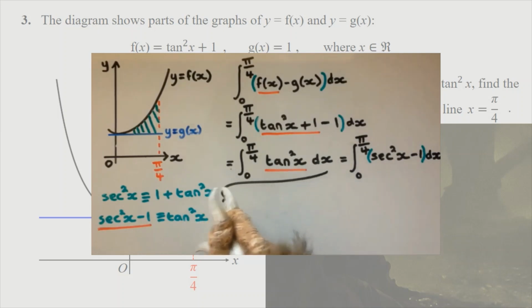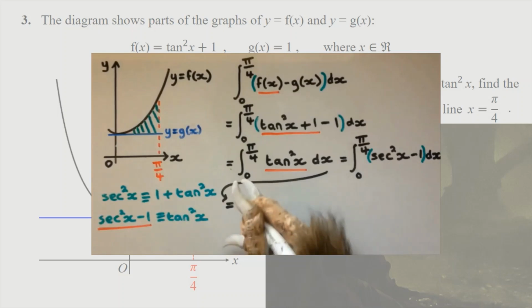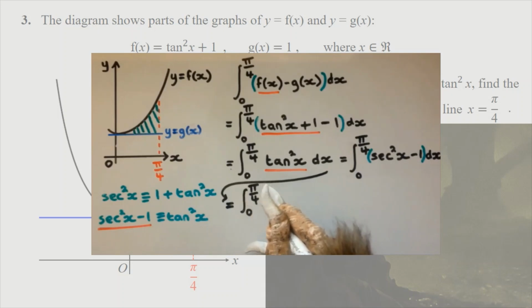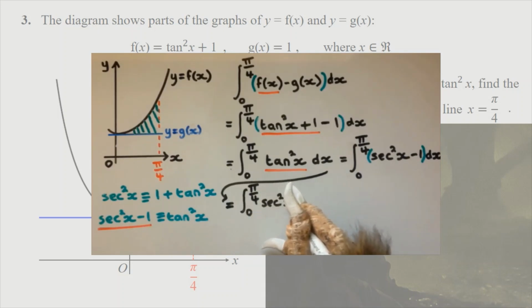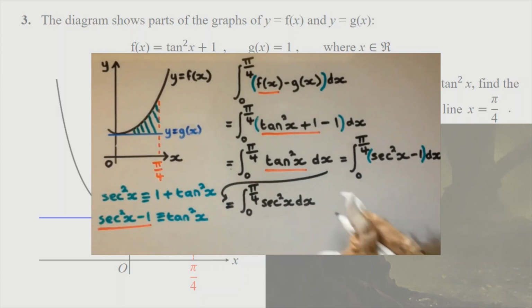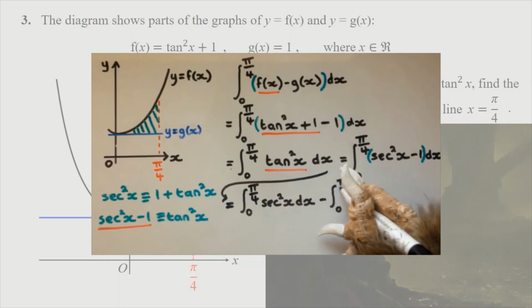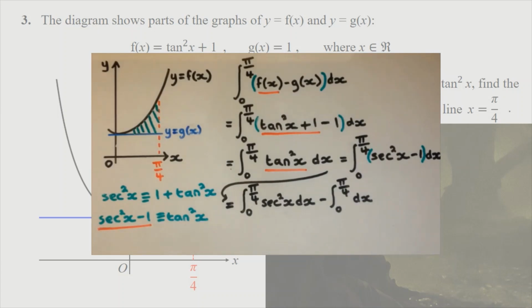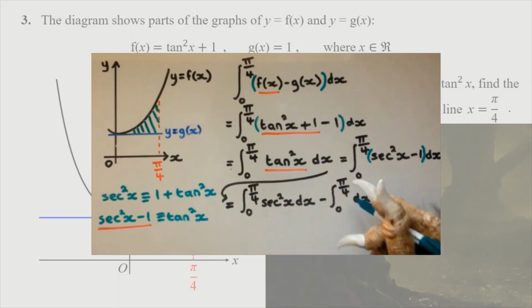So this is going to equal the integral from 0 to pi over 4 of sec squared x dx, subtract the integral from 0 to pi over 4 of 1, or just dx. If you like, I'll put the 1 in there just so you're clear. So that's 1.